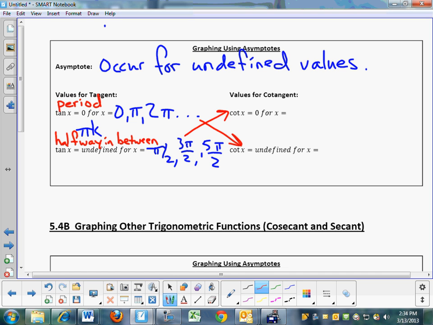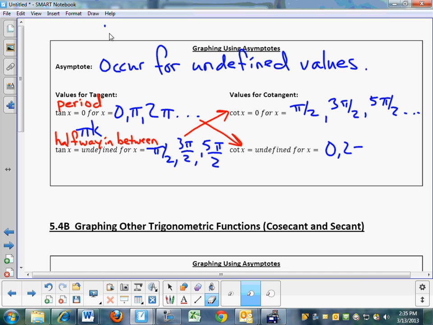So this stuff goes up there. So where is cotangent equal to 0? Well, it's equal to 0 for values of x equals pi over 2, 3 pi over 2, 5 pi over 2, all values like that. And cotangent is undefined for values like 0, pi, 2 pi, 3 pi, and so on and so forth.